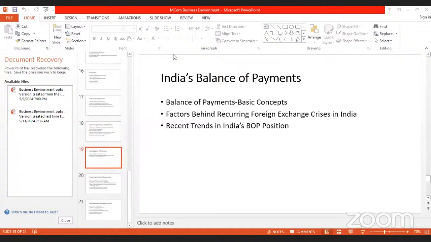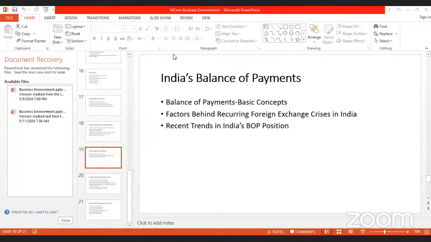The next factor for the crisis is trade deficit. That means persistent trade deficits where imports consistently exceed exports. So it leads to a depletion of foreign exchange reserves. Now the third factor is capital flight. That is, political instability, economic uncertainty, or adverse policy changes can lead to capital flight, where investors withdraw their investment from the country, putting pressure on the foreign exchange reserves.